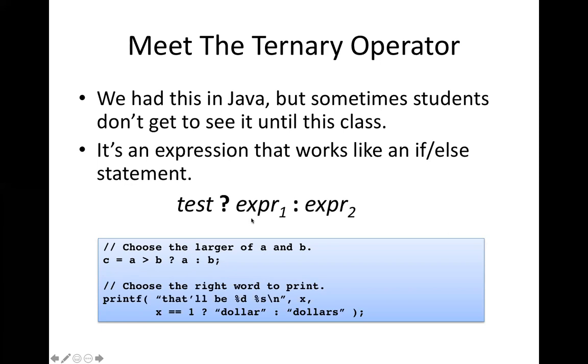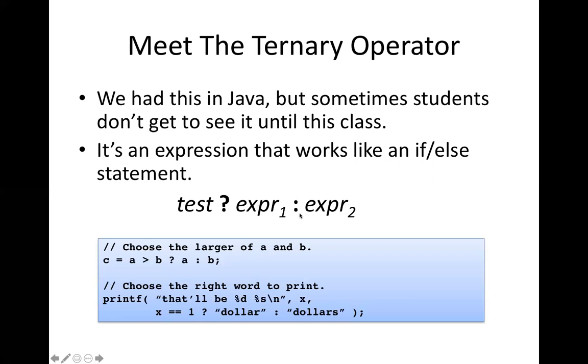It kind of comes in two pieces. There's a question mark and then a colon. And the three operands are in between those. So the first operand is to the left of the question mark, and it's a conditional, it's a test. For the ternary operator, when you use it, the compiler writes code to evaluate that test, and then it uses one of the remaining expressions, either expression 1, which is between the question mark and the colon, or expression 2, which is after the colon.